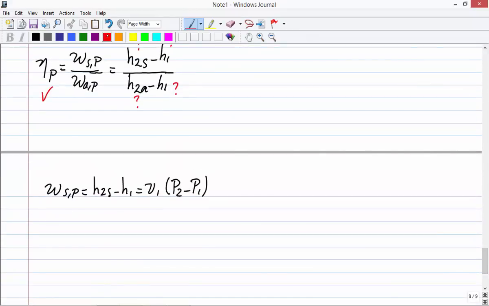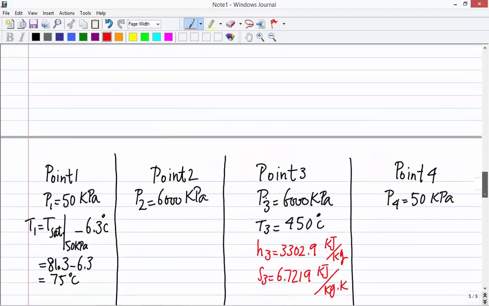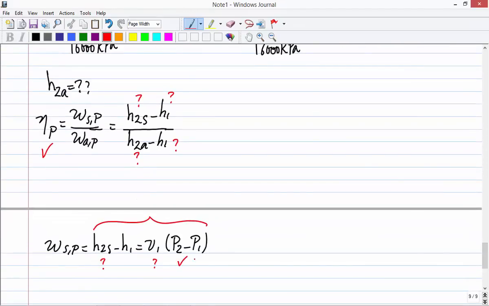Now, let's focus on this side. P1 and P2, do we have them? Yes.